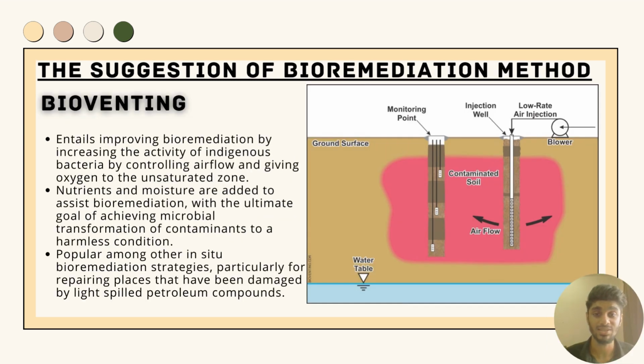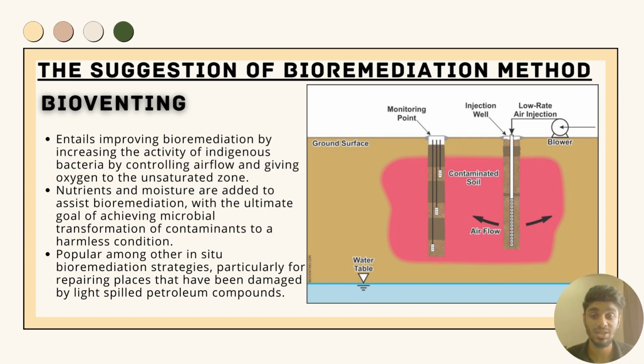Now, let's look at the suggestion of bioremediation method for the case study. The method that we have chosen to suggest is bioventing. Bioventing entails improving bioremediation by increasing the activity of indigenous bacteria by controlling airflow and giving oxygen to the unsaturated zone.